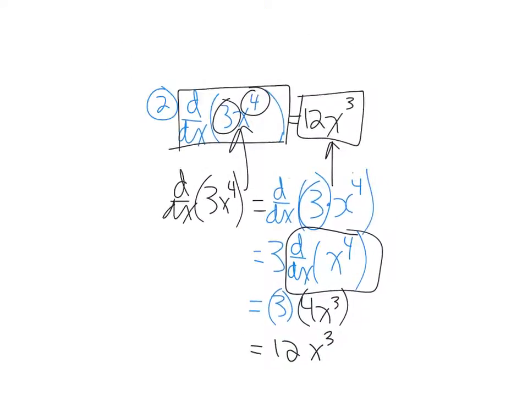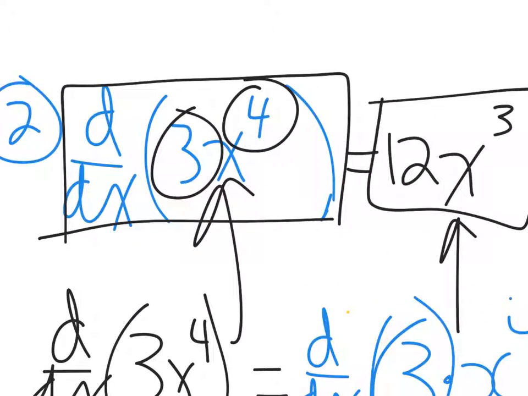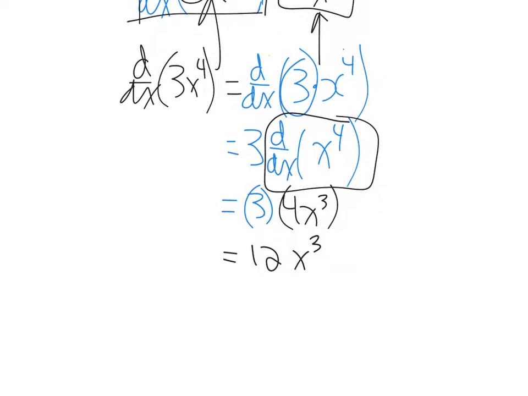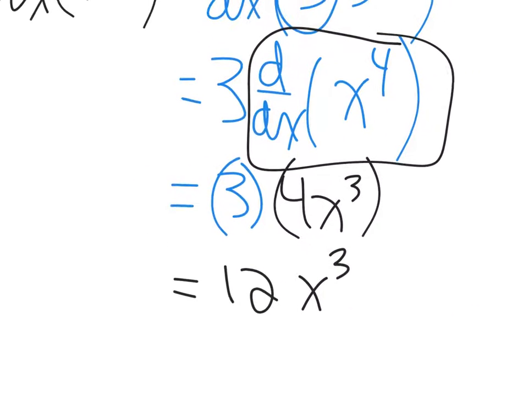So again, you get the same result whether you differentiate with the 3 inside, like we did here, doing 4 times 3, or you differentiate afterwards and then multiply by 3.